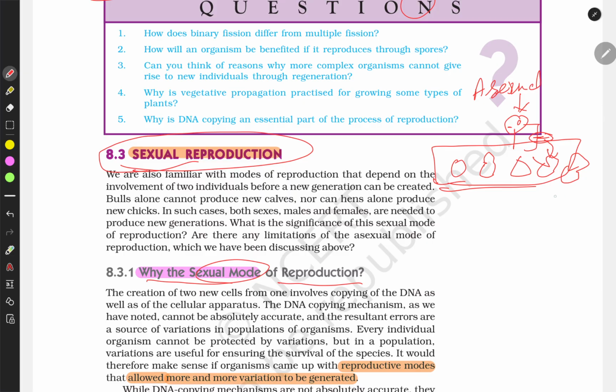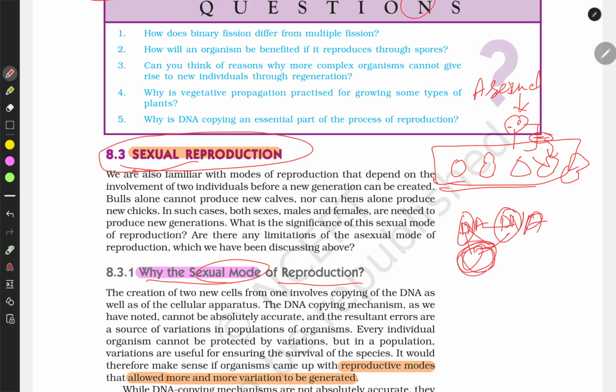So a new mode of reproduction evolved, in which the DNA of two individuals gets mixed, and the new individual gets half of its DNA from one parent and half from the other.